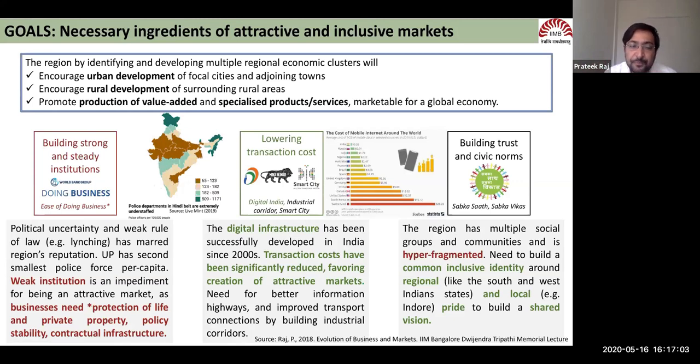Given that you have spent a considerable amount of time working in the districts of Uttar Pradesh, can you share some of your own insights into how the administration or law and order works in the region, given that generally speaking, the whole region has a pretty bad name when it comes to law and order?